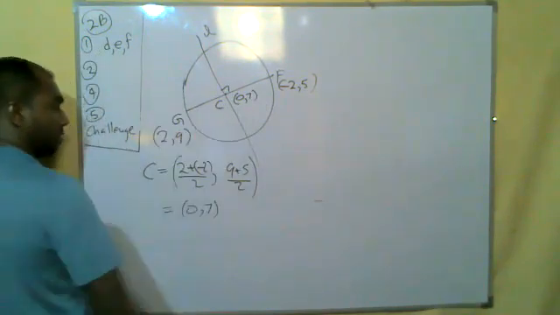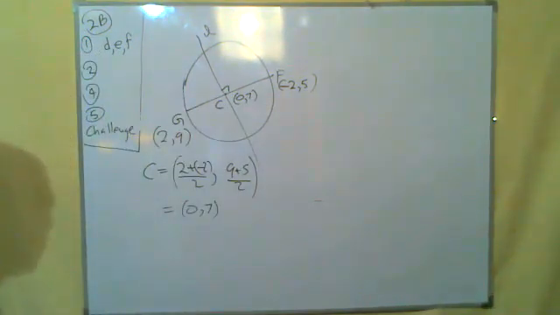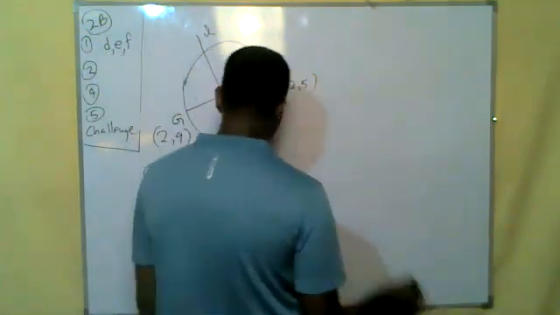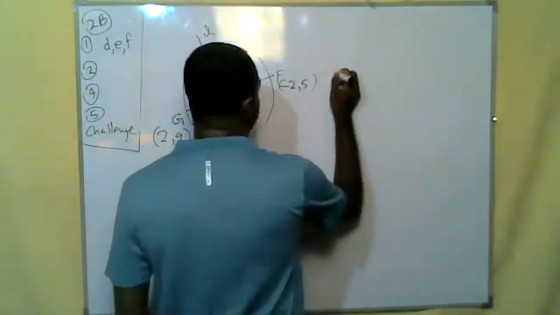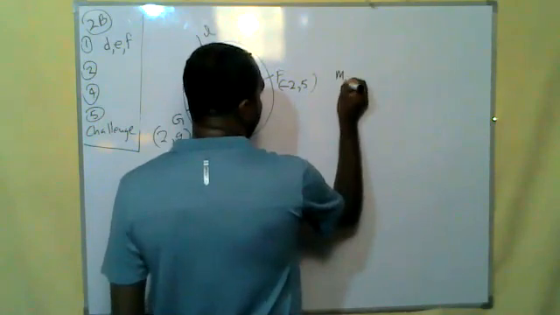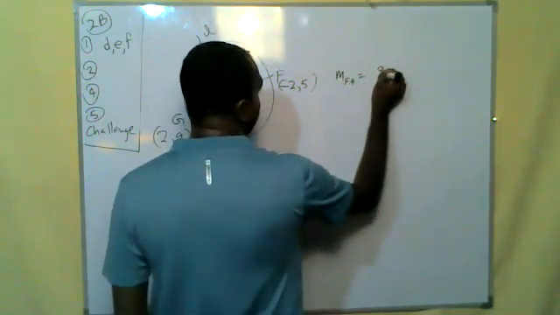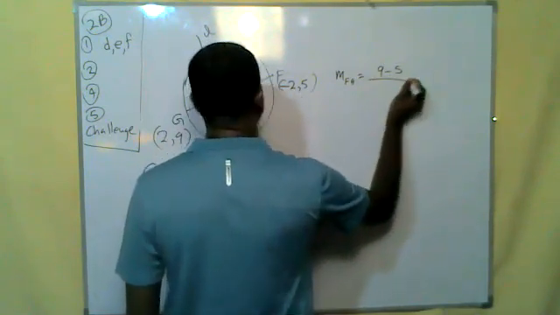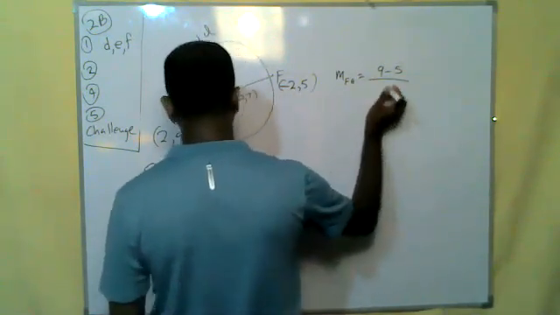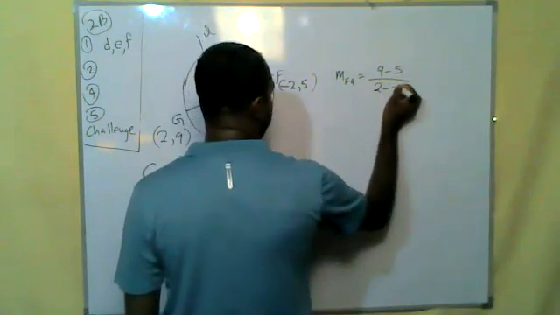So the center is going to be (0, 7). And how do we get this perpendicular line now? Before that, we have to get the gradient of GF, MFG. How much? 9 minus 5 divided by 2 minus minus 2.